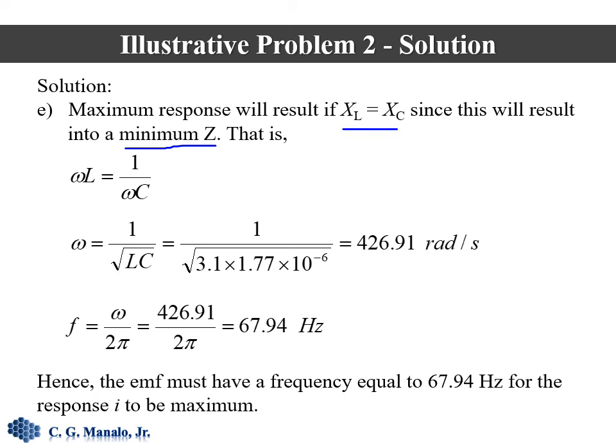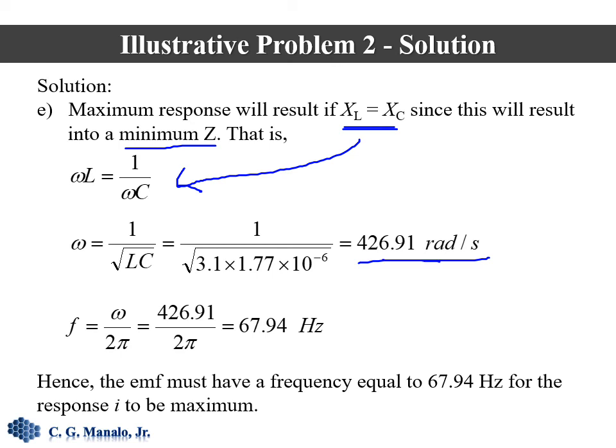So what we need to do to answer this requirement is we simply equate X sub L equals X sub C. So that means that omega L must equal 1 over omega C. And that should give us the omega that will result in a minimum Z that will eventually give us a maximum response.